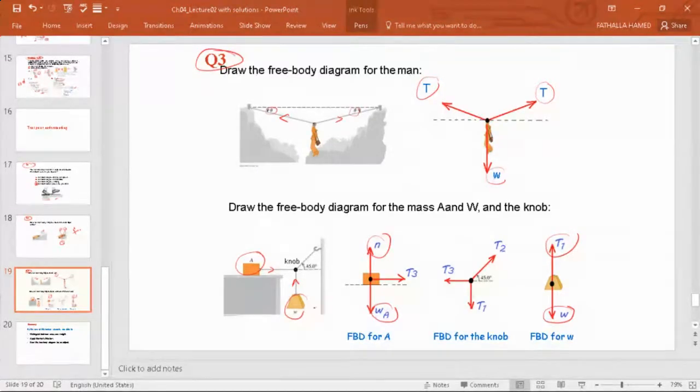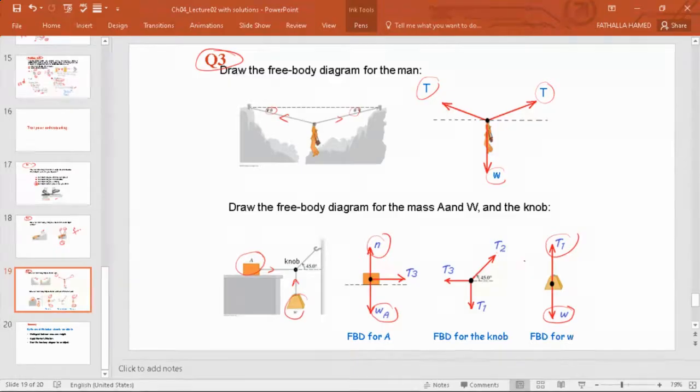And here there is no supporting surface. I don't want you to fall into this. And I already told you that you should not think of the normal force and the weight as action-reaction forces. That's why whenever you see a weight, you would put a normal force opposite to it. Don't do that unless there is a supporting surface. So in this situation here, we don't have a normal force.